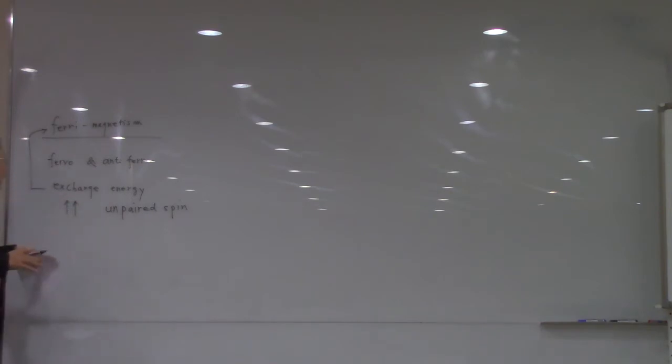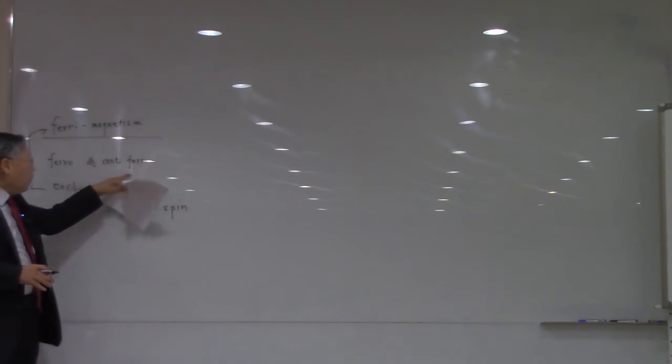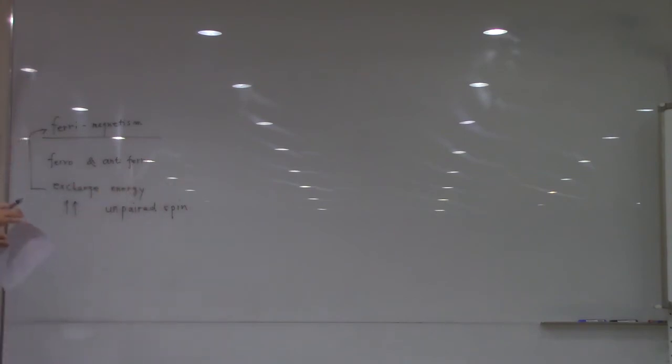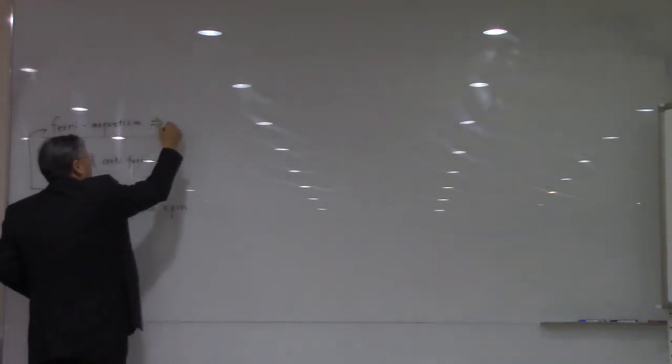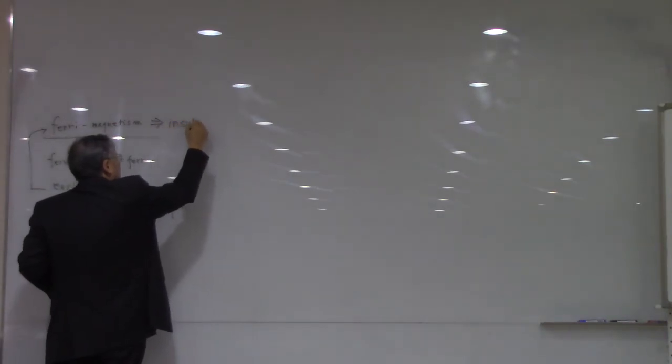And at the same time, anti-ferromagnetism also exists in this material. So it's a little bit complicated, but the main advantage of this ferrimagnetism is that it's an insulator, okay?